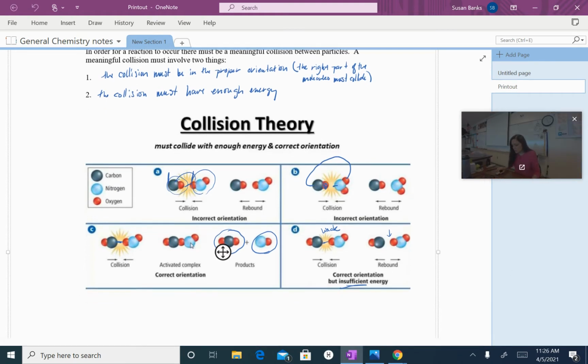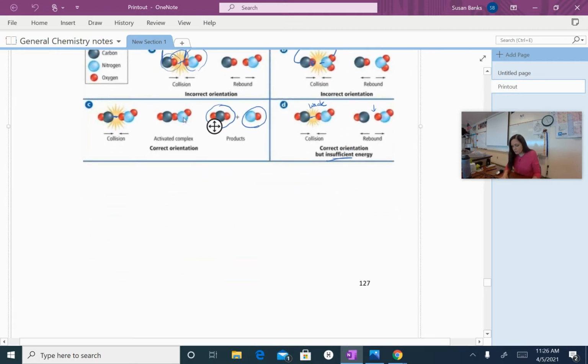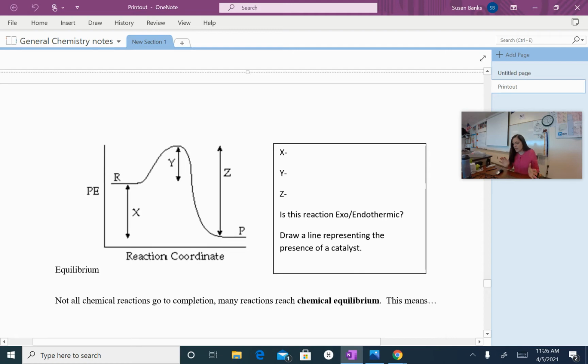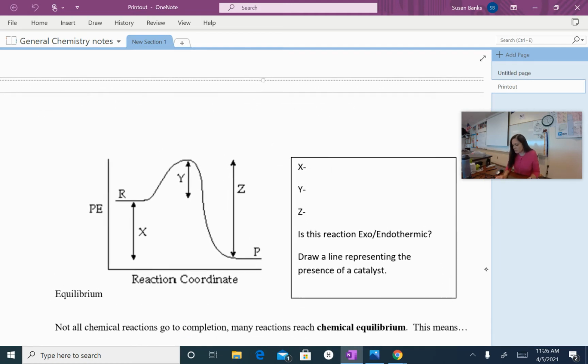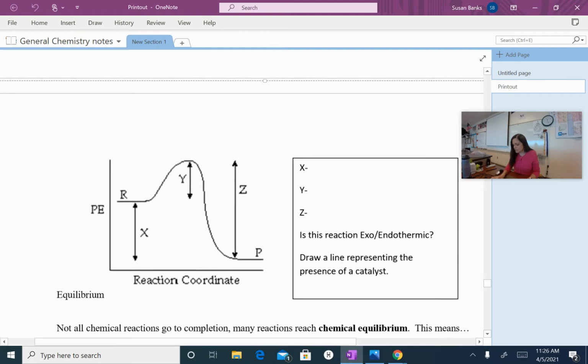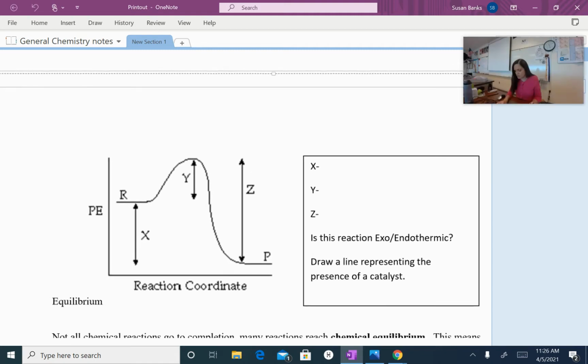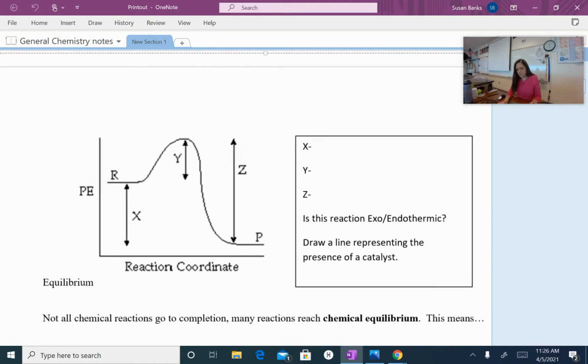Okay, so now we're going to look at the energy diagrams that we have when we have a reaction. So here's a very basic energy diagram, and I'm going to show you another one as well so that you can see what's going on.